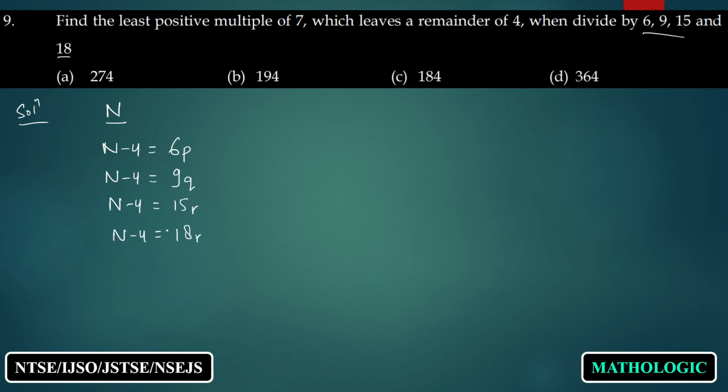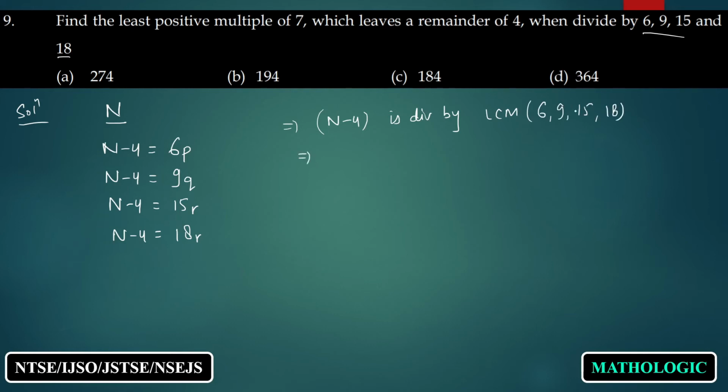Now these conditions are true over here. Now this implies that n minus 4 will be divisible by the LCM of 6, 9, 15 and 18.